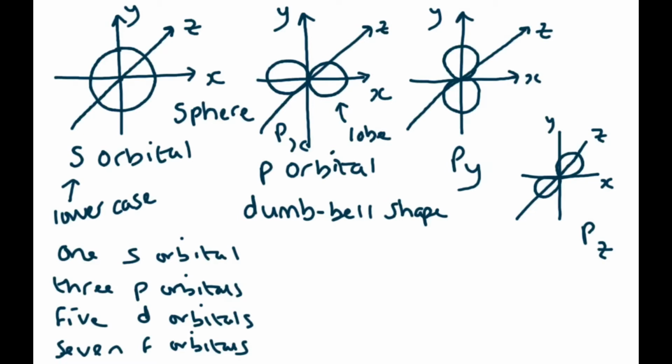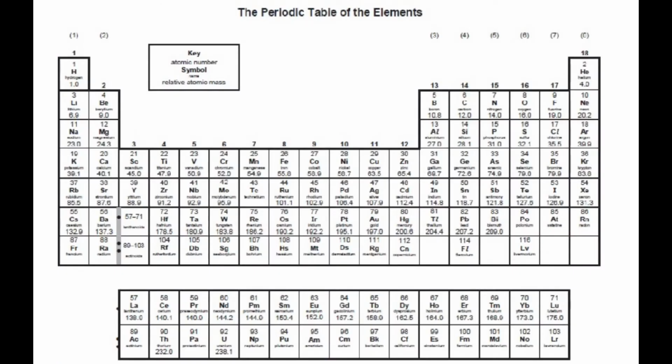Okay, so let's have a go at writing some electron structure, and you need to know all the way up to krypton, element number 36. Let's start with hydrogen, atomic number 1.